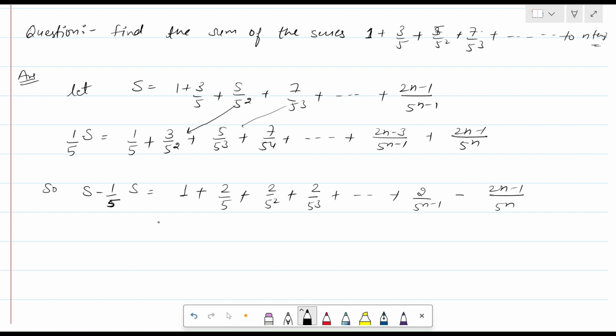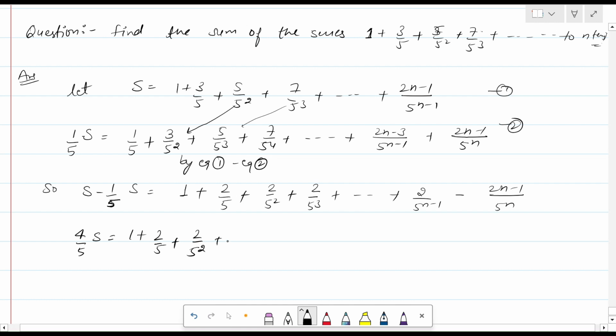So this is 4 by 5 s, then it will be 1 plus 2 by 5 plus 2 by 5 square and so on.